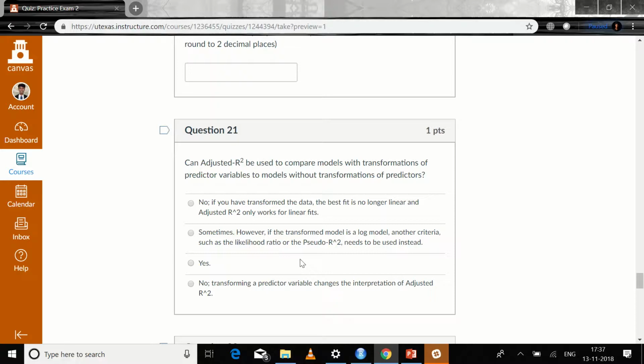So when can't we use the adjusted R squared? In the case of a linear regression, when can I not use adjusted R squared to compare?